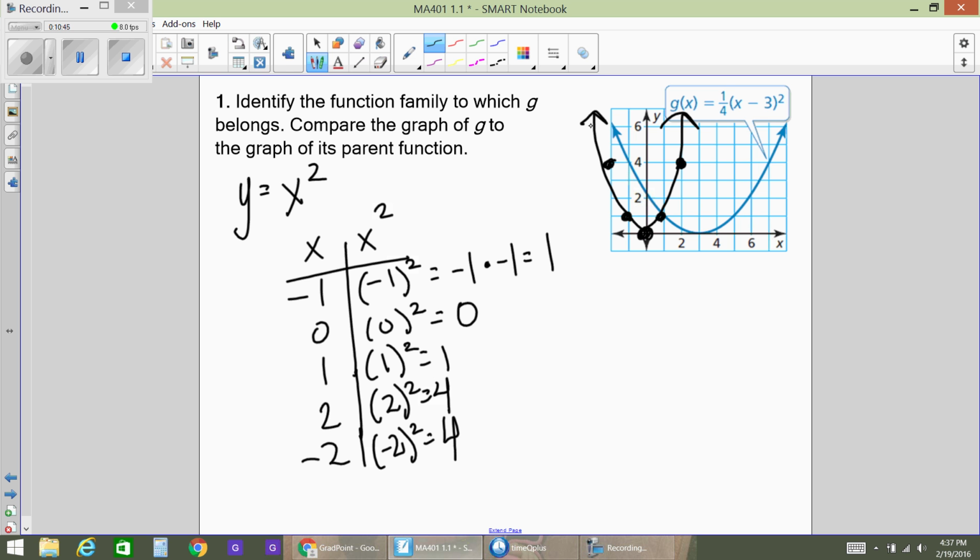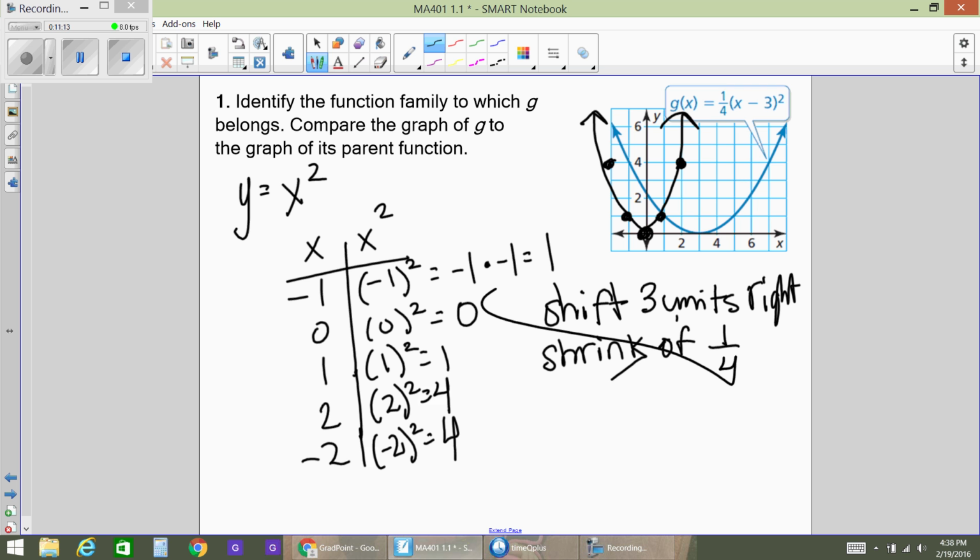So what has happened here? We have a shift three units right. And we have a shrink. It is getting wider, slower than the parent function.